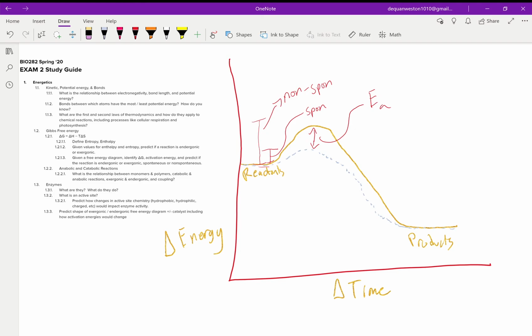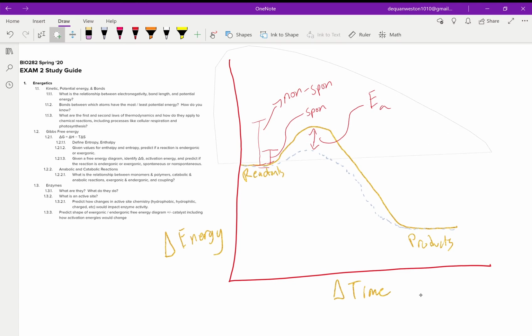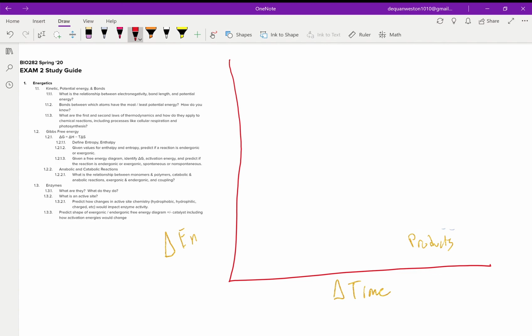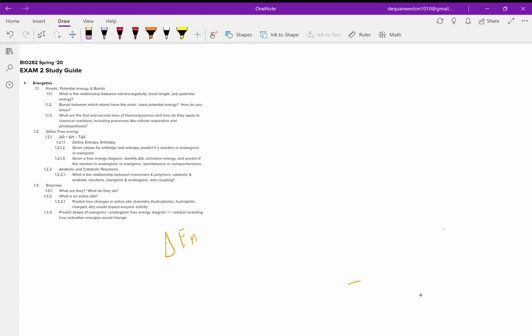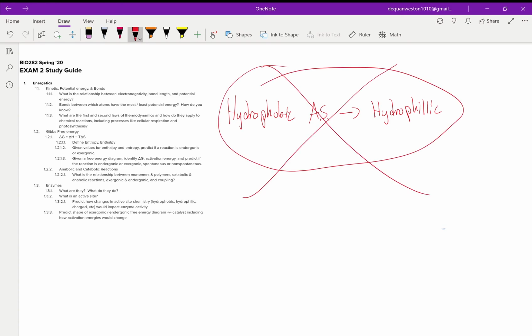So if you have an active site, and actually I'll draw it all out just so you can write it down. Okay, so if you have a hydrophobic active site, and then it goes to hydrophilic, that is not going to work.